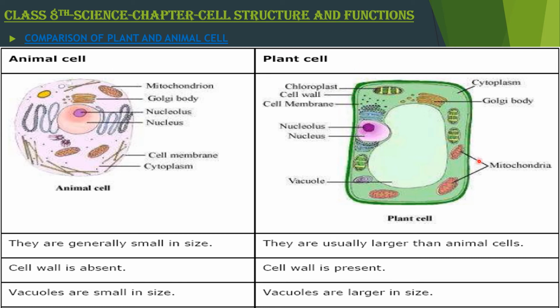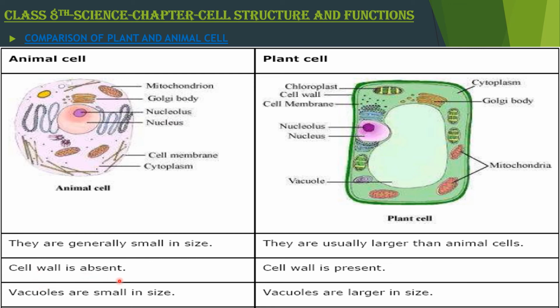This green color outer covering is called the cell wall. Cell wall is an outer coverage. Cell membrane is another protection shield inside the cell wall. But in the animal cell, there is only the cell membrane. There is no cell wall in the animal cell.